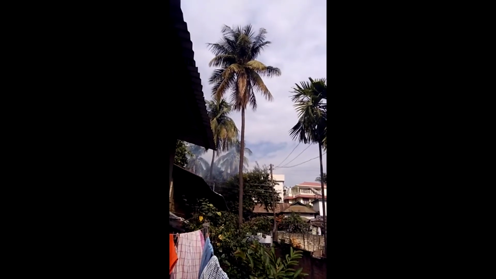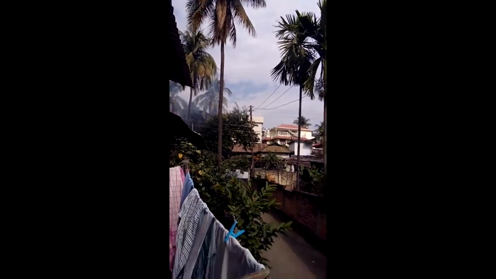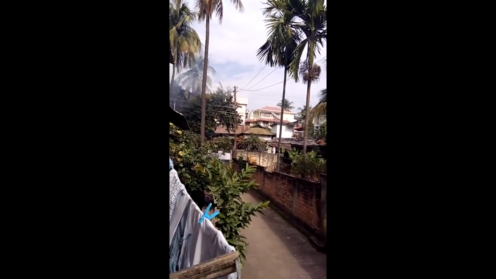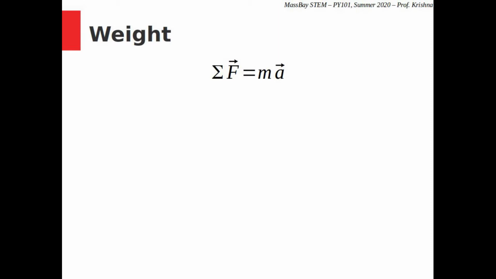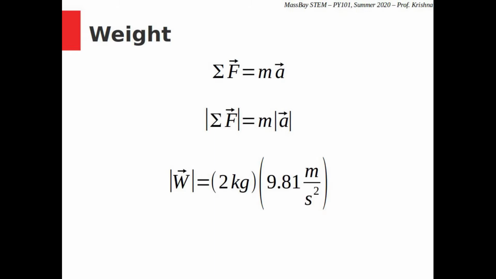For instance, this 2-kilogram coconut is falling from a tree because it feels a force of gravity from the earth. For this coconut, or for any object close to the surface of the earth, the force of the earth would be calculated from Newton's second law. The force of gravity is also called weight. We will symbolize it with a capital W with a vector sign.